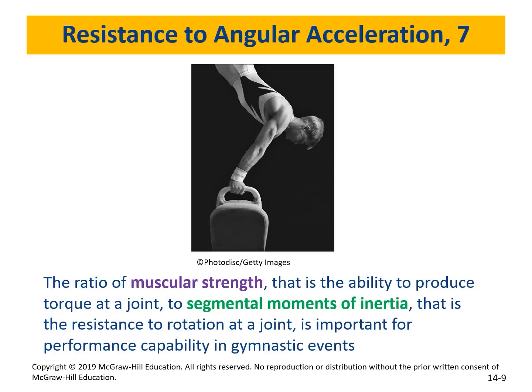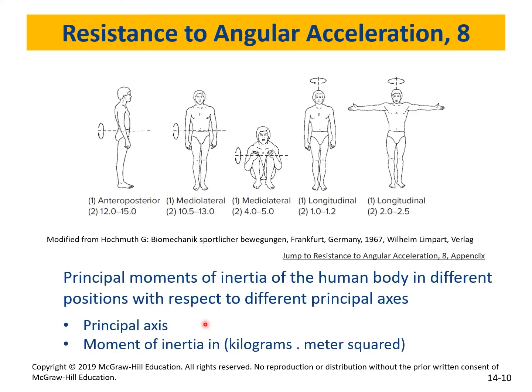Now, here's another representation with numbers. The principal moment of inertia of the human body is different in different positions and affects different axes. Let's say I'm standing here. What axis is this? Frontal axis, right? And let's say I'm rotating in the frontal plane around the frontal axis.